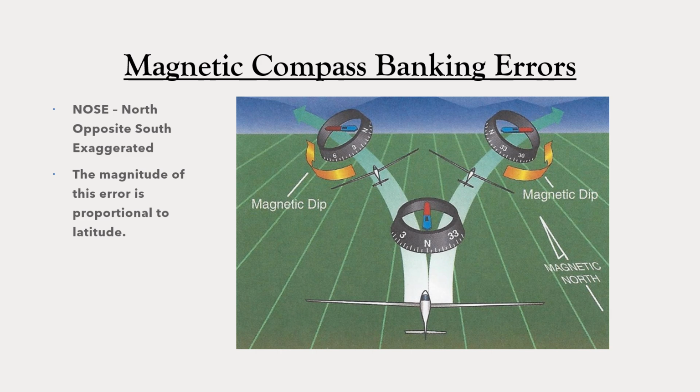Another way to think of that is that when you're going north, the compass leads, and when you're going south, the compass lags. So when you're going north, you need to turn out or stop your turn quite a bit before you get to the desired heading.